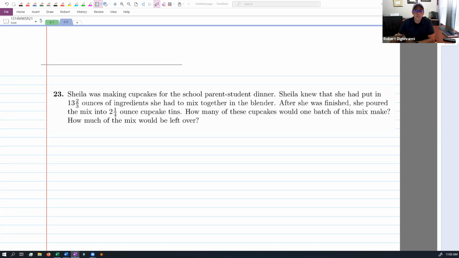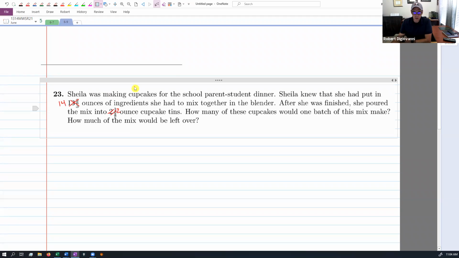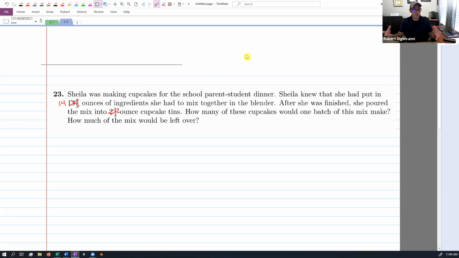Yeah, so let's do this. Remember how I said last class that sometimes if you just change the numbers into nicer numbers, it all makes more sense. So let me change 13 2/3 ounces into a nice number like 14. And then this 2 1/4, let me just change it to 2. So if we read it now, it says Sheila knew she had to put in 14 ounces of ingredients into a mix, right?